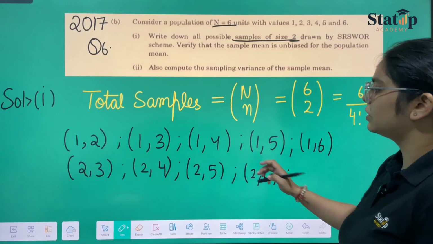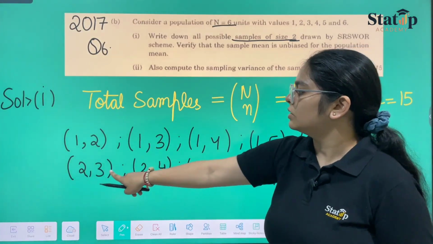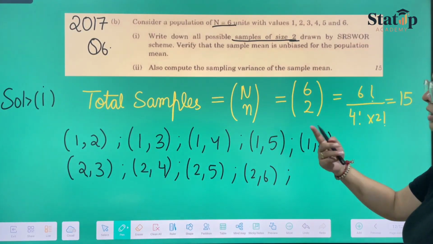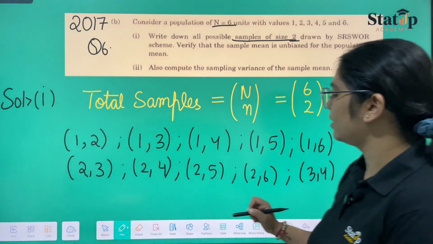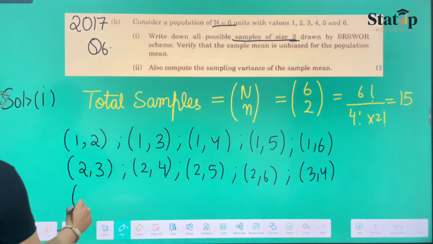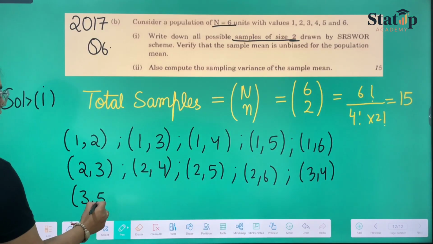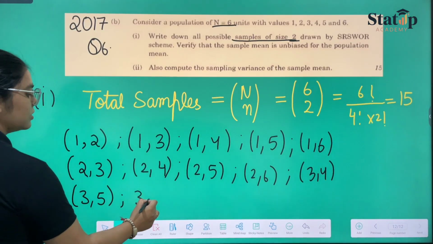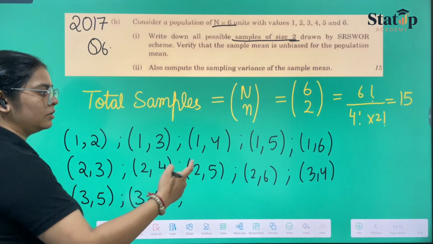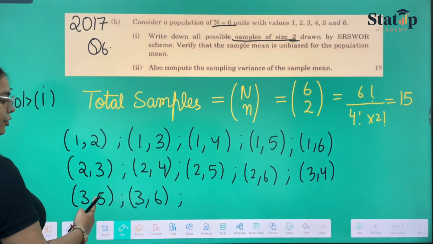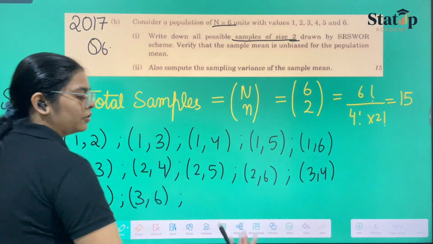Again from 3, 3,1 has already been taken, 3,2 has already been taken, and 3,3 we cannot take. So starting from 3,4, 3,5, 3,6. Now 4,1, 4,2, 4,3 have been taken and 4,4 we cannot take.